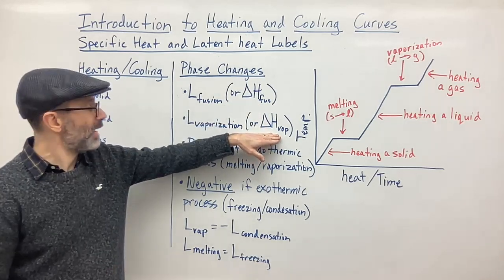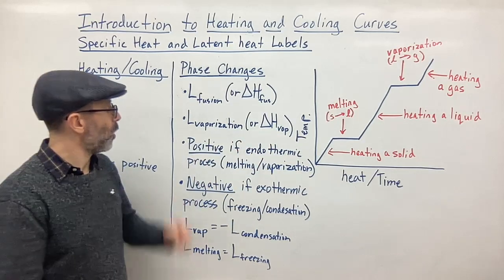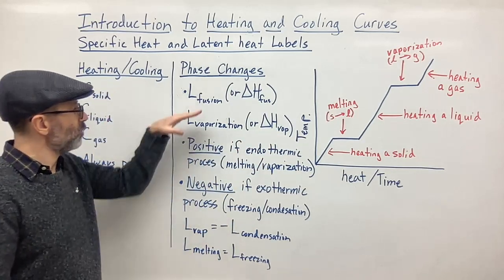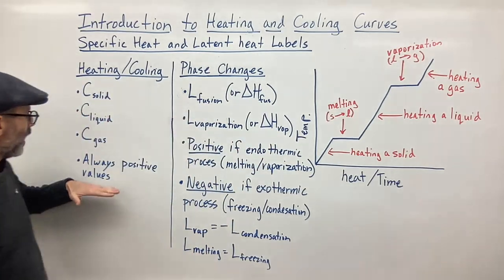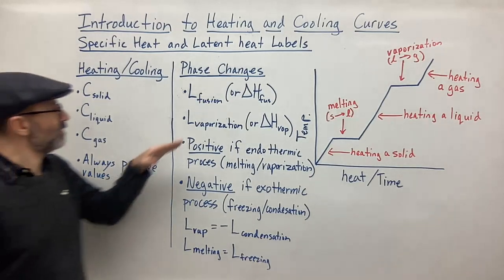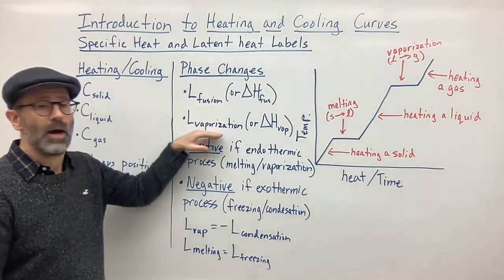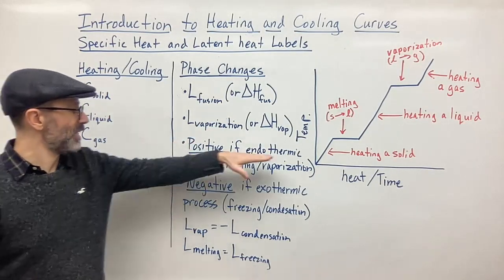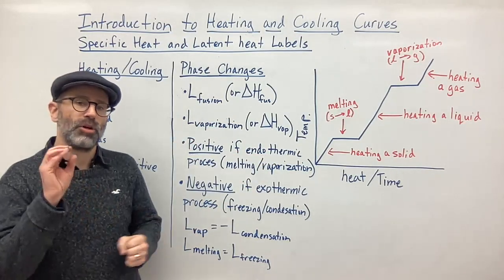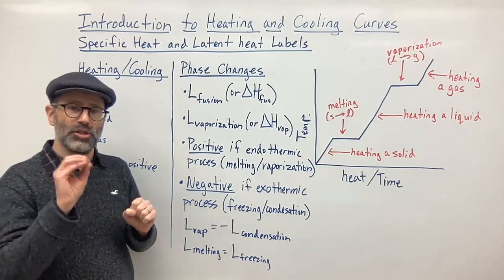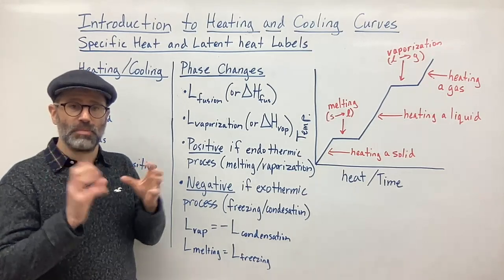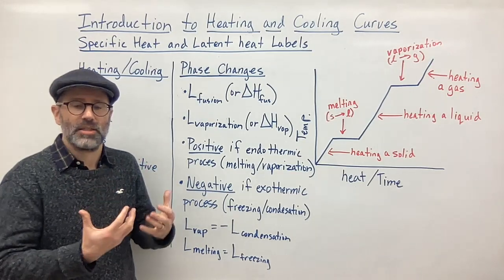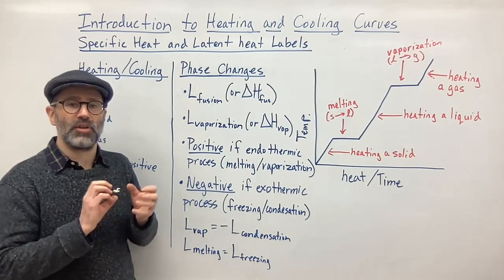That's used as well. So remember, contrary to the specific heat, these can be either negative or positive. They're going to be a positive value if it's an endothermic process. Remember, endothermic processes are where energy, therm stands for energy or heat, endothermic means going into.